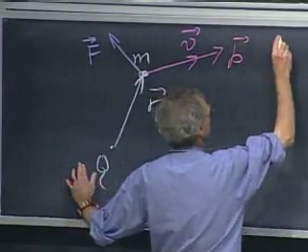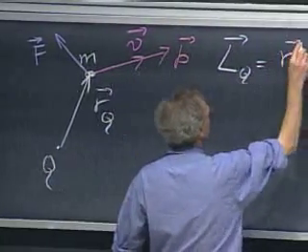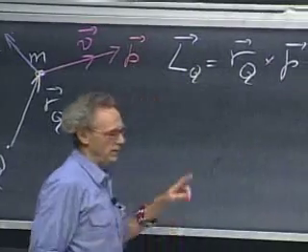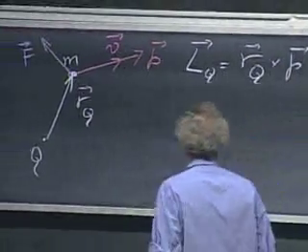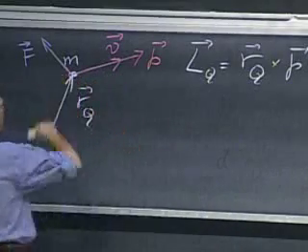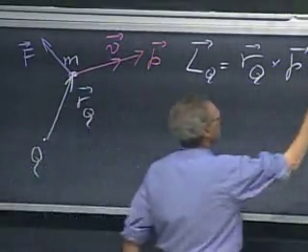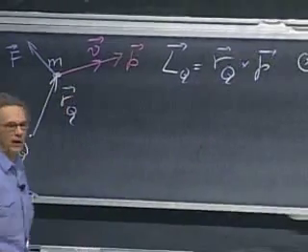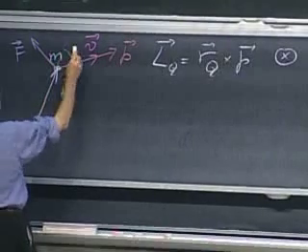Then the definition of angular momentum relative to that point Q equals the cross product of the position vector with p. And that is my equation number 1 there. The direction is perpendicular to the blackboard, and it will be, in this case, into the blackboard. The magnitude can be calculated, provided that you take the angle into account.